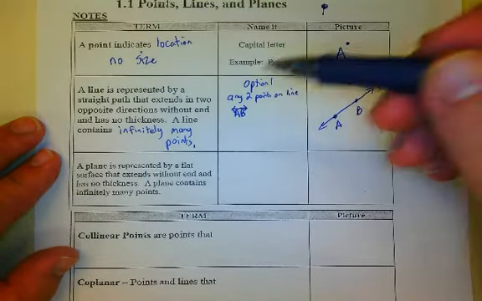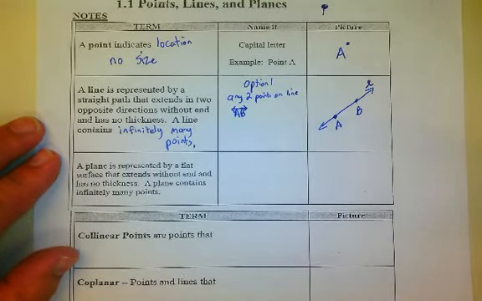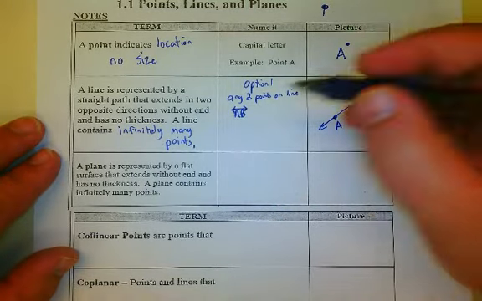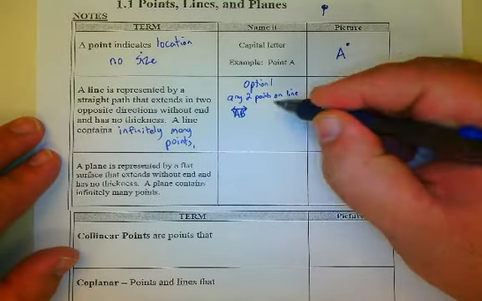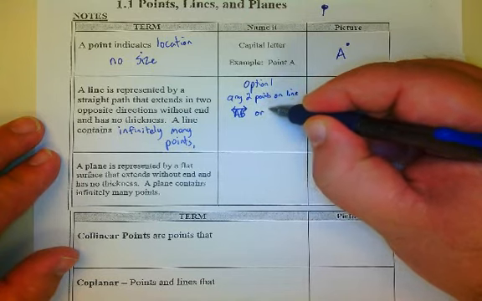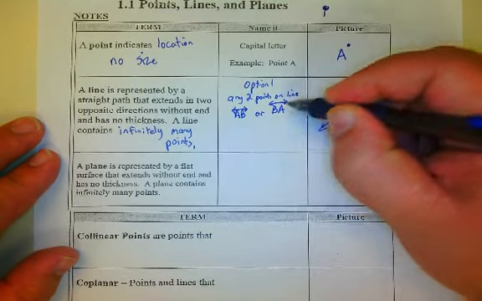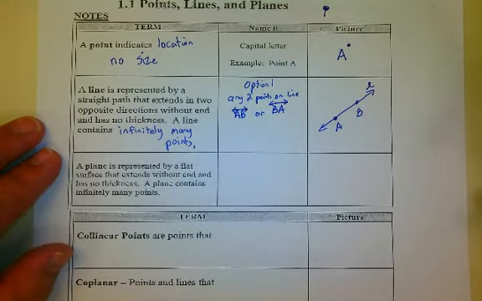That means it goes forever and ever. That's what makes a line versus a line segment or ray or some of these other things we're going to talk about. Another way we could name the same one using 2 letters, you could do AB or BA. There is no difference because the line goes forever in both directions.